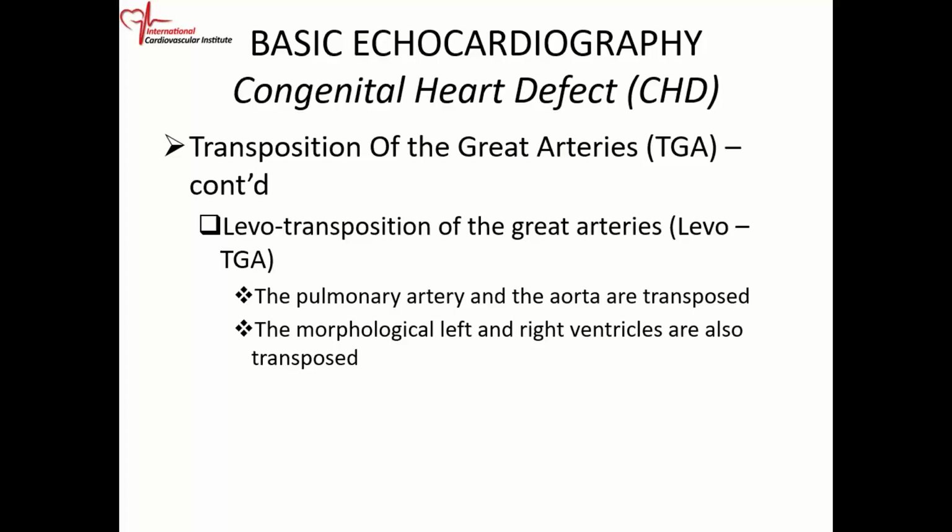So you're going to have to rely on your old concept of the echo features of what distinguish right from left. Okay, remember, if you identify a tricuspid valve, that is the right ventricle. The tricuspid valve always leads into the right ventricle.